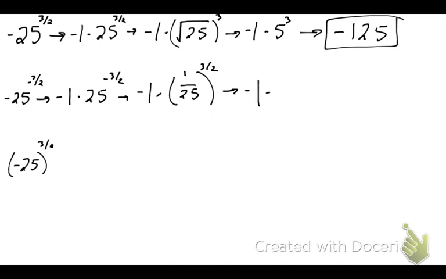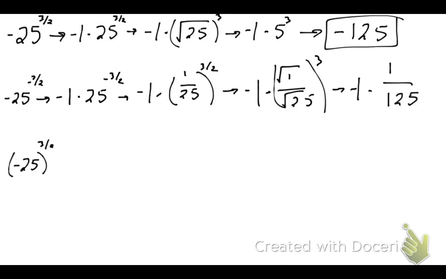But this will mean the square root of 1 over the square root of 25, and that whole thing will be to the third power. So we'll have negative 1 times, well, the square root of 1 is 1, and 1 cubed is 1. The square root of 25 is 5, and 5 cubed is 125. And when I finally multiply by negative 1, I get negative 1 over 125.